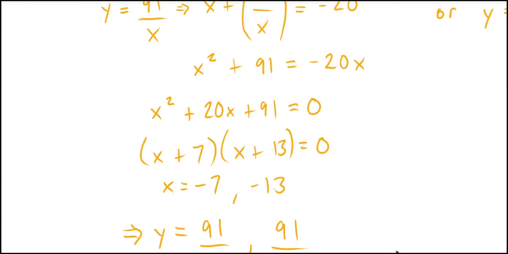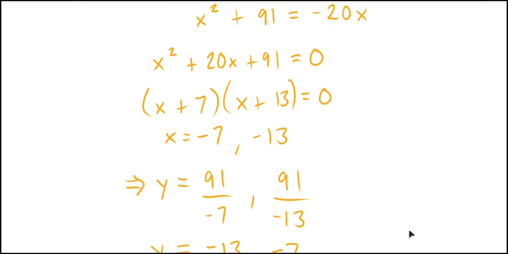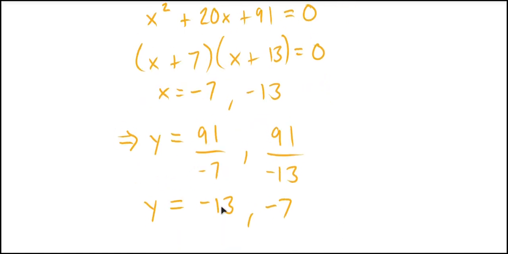And when we solve that, we get negative 7 and negative 13. And to find our corresponding y's, we would plug each of these solutions back into our y equals 91 over x equation. But that gives us negative 13 and negative 7 back. So what we see is that either I'm calling the first one negative 7 and the second one negative 13, or I'm calling the first one negative 13 and the second one negative 7.